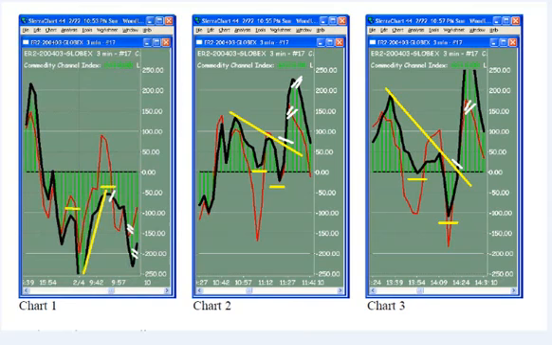In the 3 charts, the yellow lines show the CCI pattern. The 2 short yellow lines show the reverse divergence trade pattern. The longer yellow line shows the trend line break pattern that usually accompanies this trade. The single white lines show where the entry would be and the double white lines show where the exit would be.